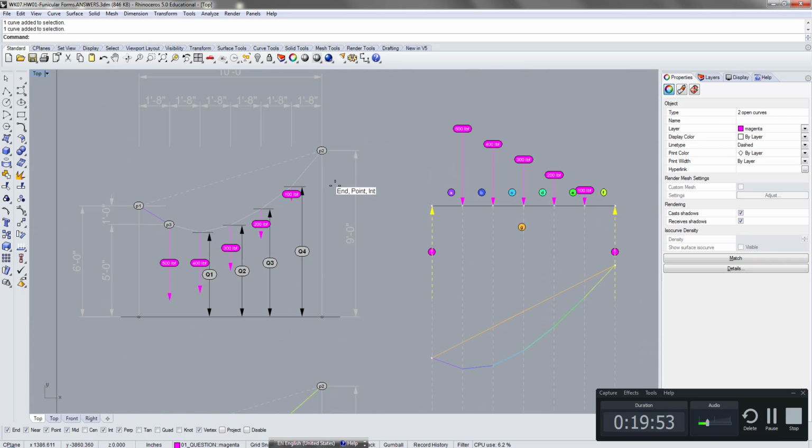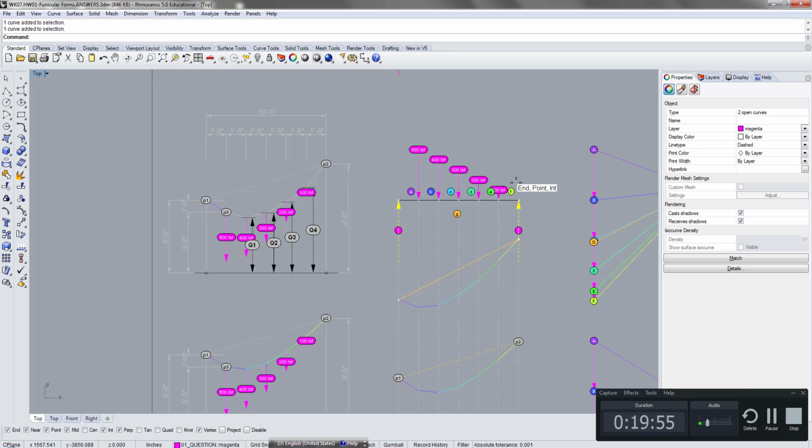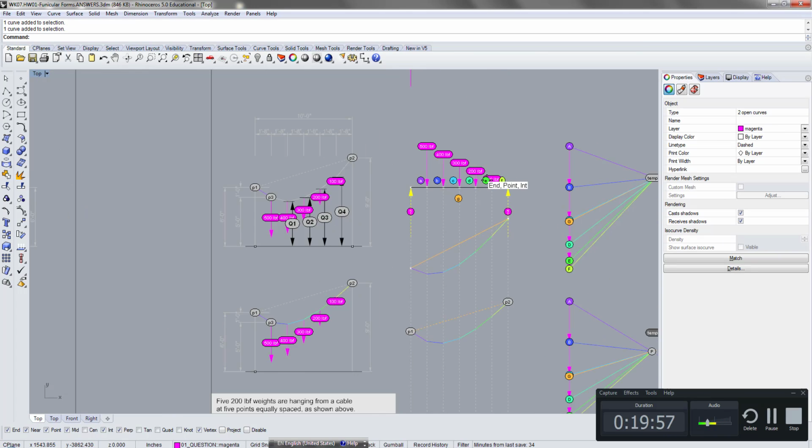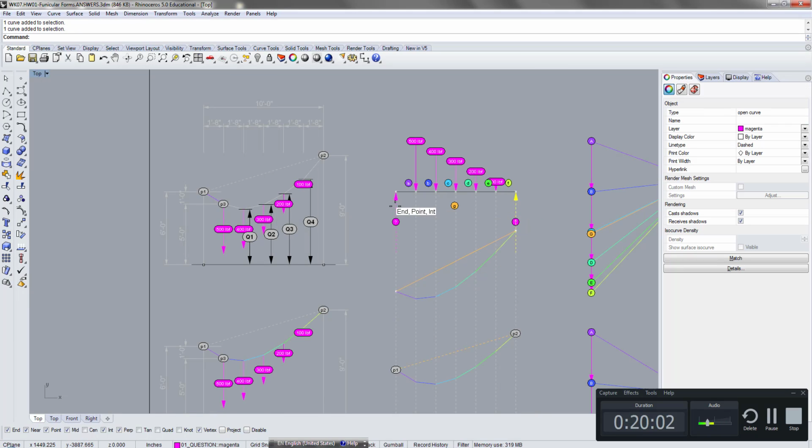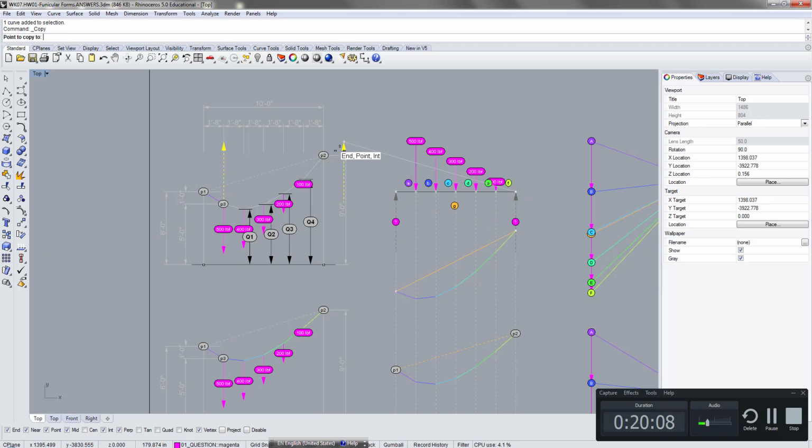What's happening here is I drew these two, these would be reactions, so that would be a force at each support point.